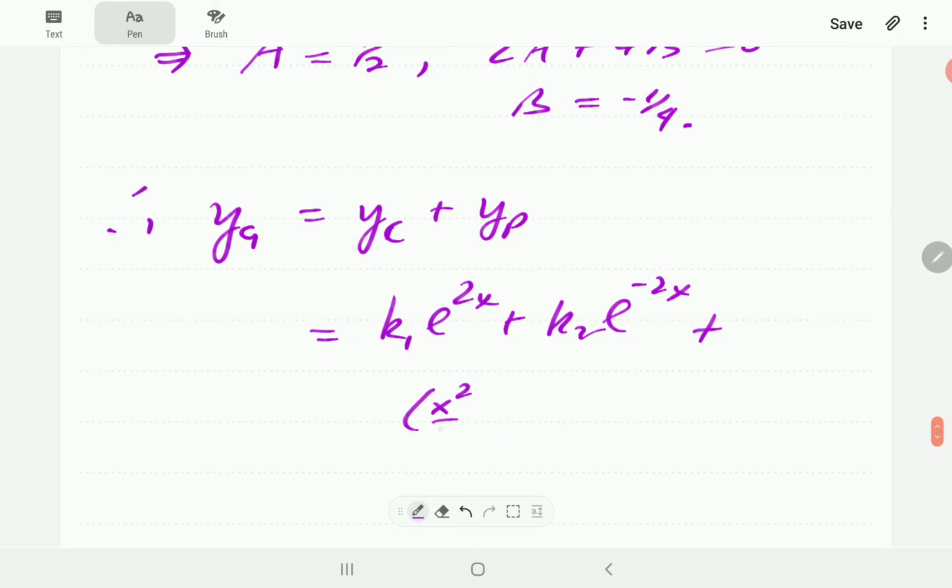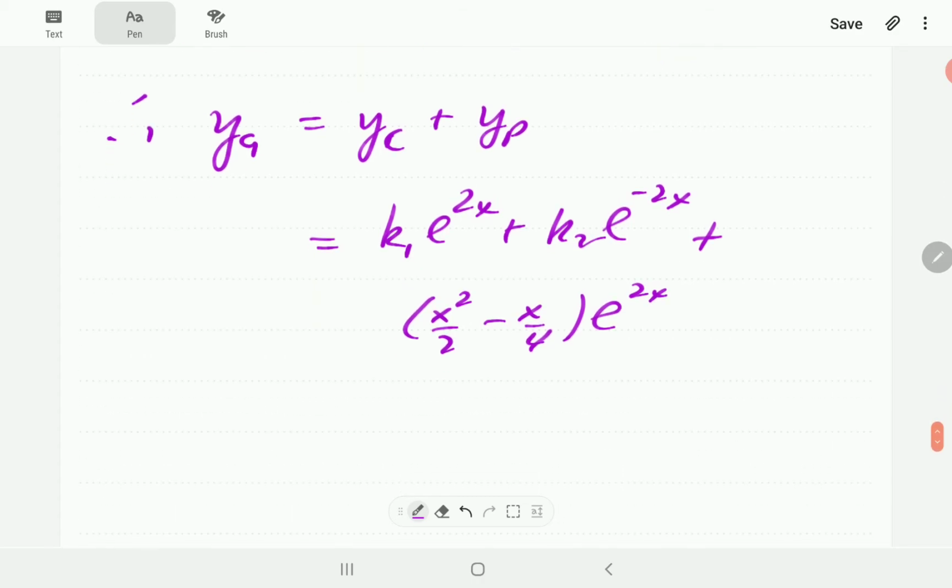So that's going to be x squared over 2 minus x over 4 times e to the 2x. We can either leave it like this, or we can combine these two terms and factorize.